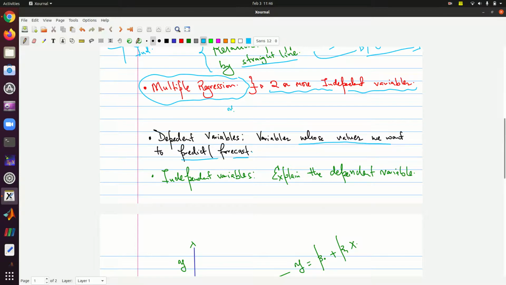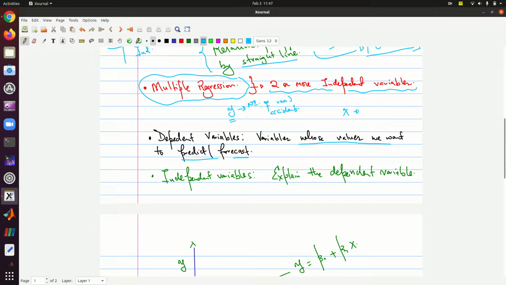For instance, y could be the number of road accidents, and then x could be any factor upon which y will depend.